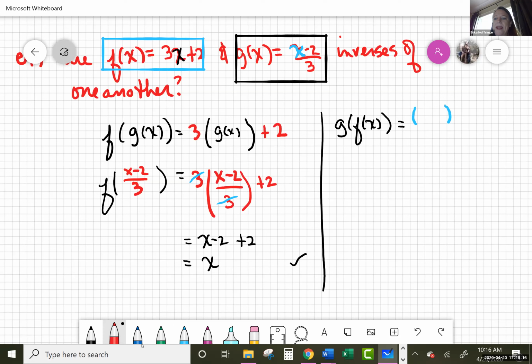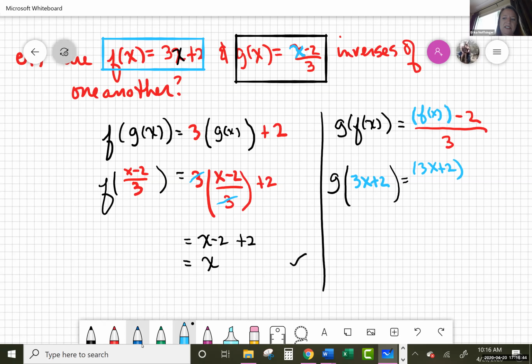Then I have my minus 2 all over 3. So g of f of x, but f of x is the same thing as 3x plus 2. So I have 3x plus 2, in parentheses, minus 2, outside parentheses, all over 3.